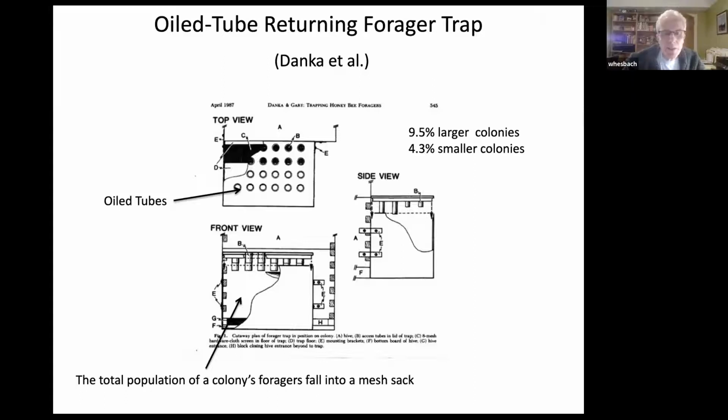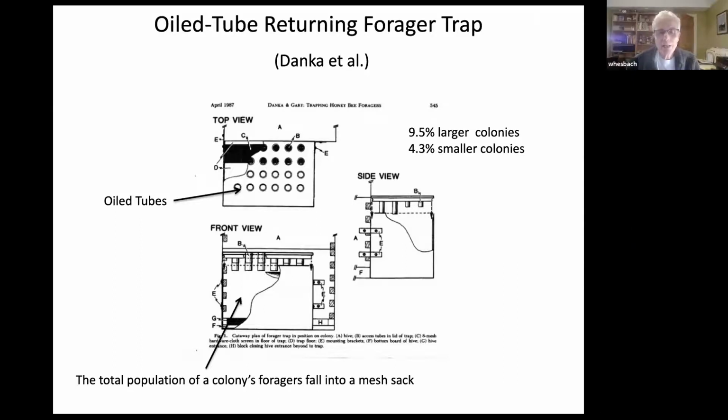And then I'm not going to attempt to explain this particular contraption that he built, but suffice to say you'd need a lot of mechanical engineering background to get this. But anyway, there were these tubes that he oiled, and he blocked all access to the colony except that the foragers would go through these oily tubes.